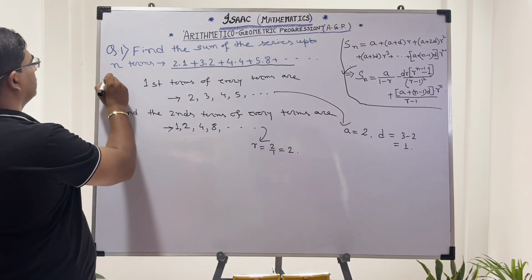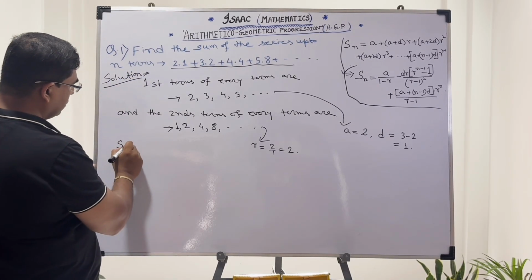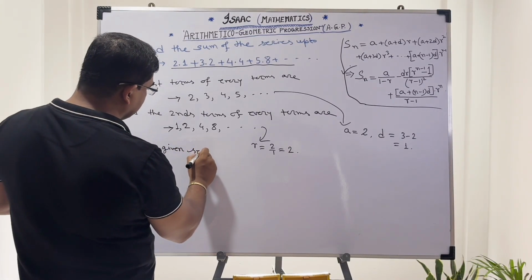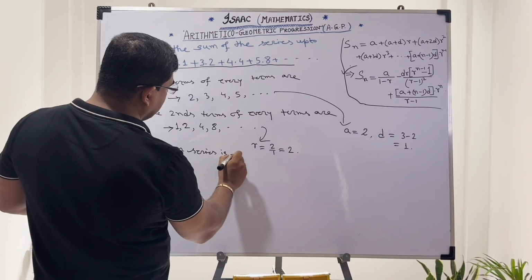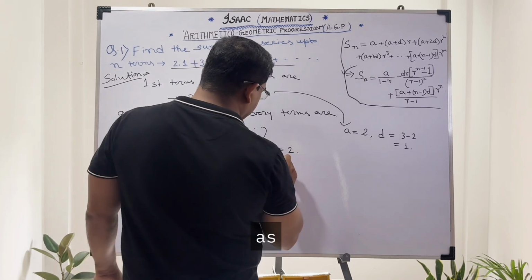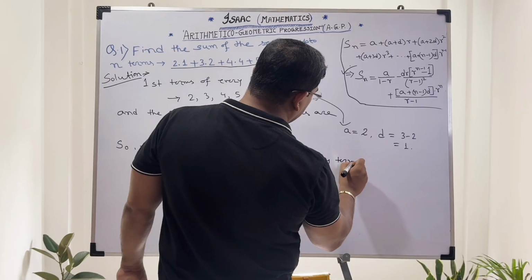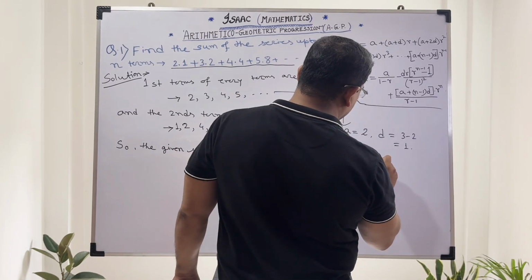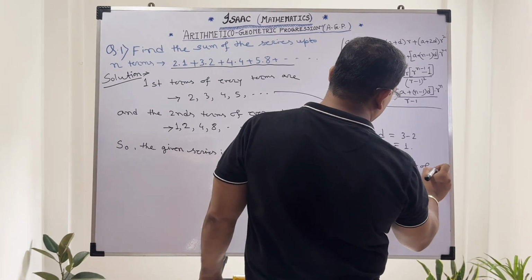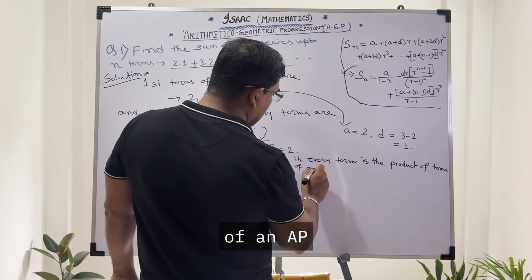So the given series is an AGP as every term is the product of terms of an AP and a GP.